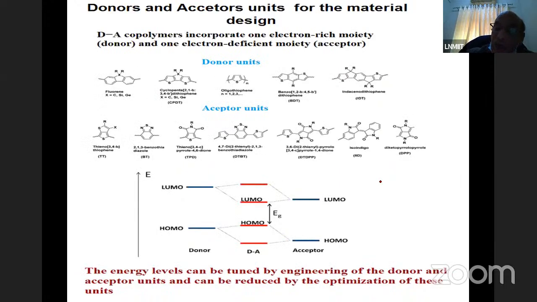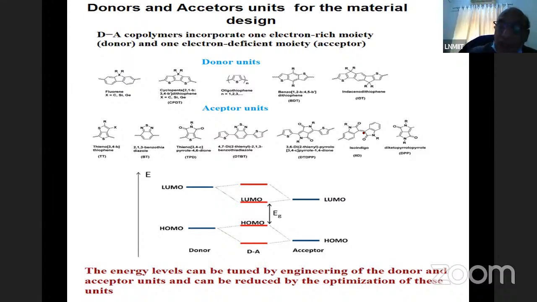So now, once we make the device, for the material design, all the materials can be designed in the form of donor-acceptor combinations. These monomer units are called donor units. They have different electron donating capability. These all are acceptors, which have different electron accepting ability.